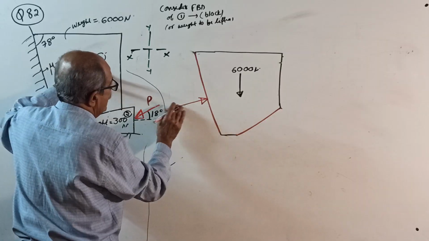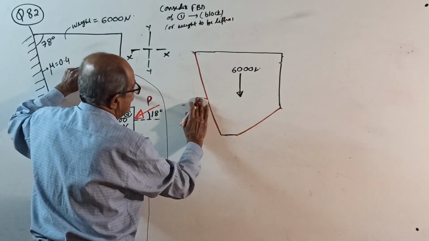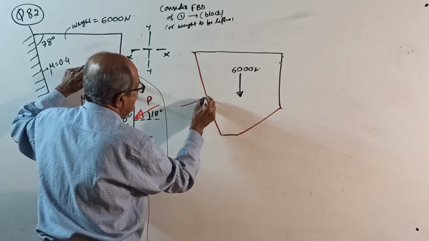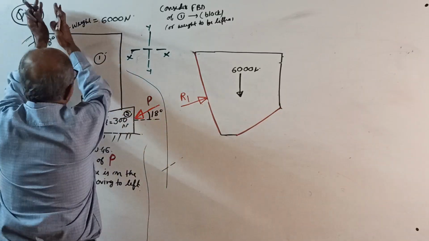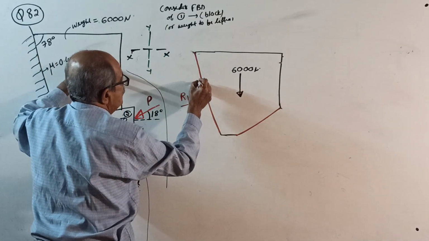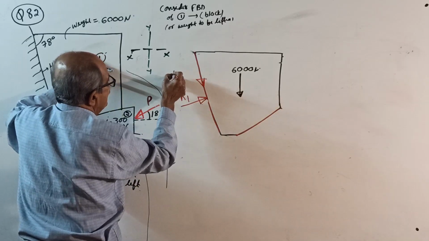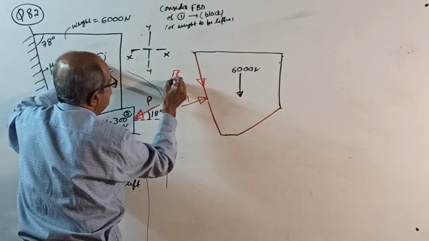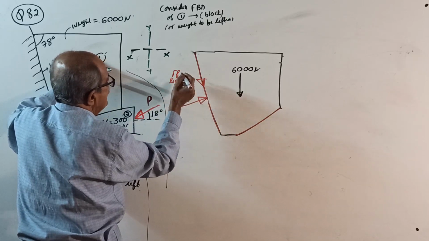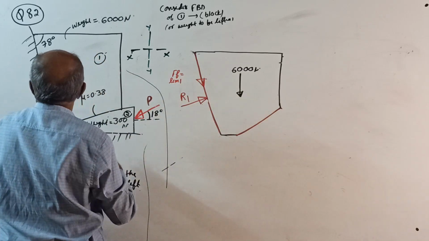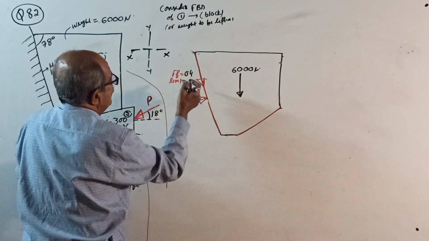Normal reaction for 1, suffix not required, R1. It should be perpendicular. R1 going up, friction down. This is F_F limit for 1. F_F limit for 1 equals mu is 0.4 into R1.